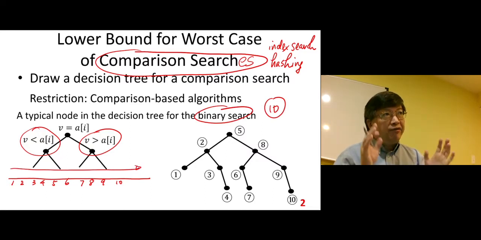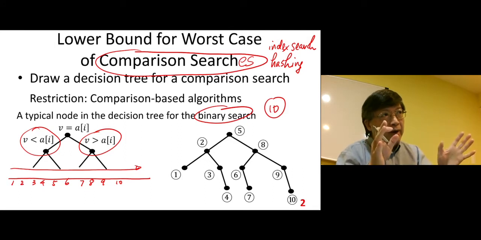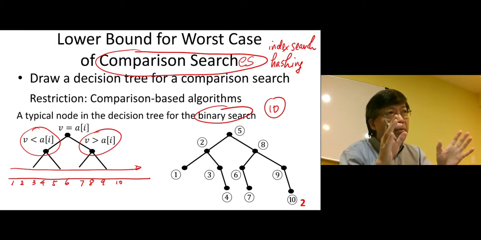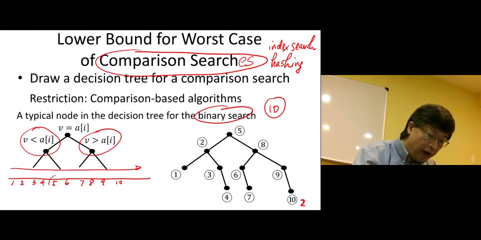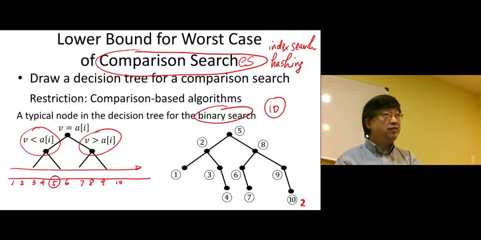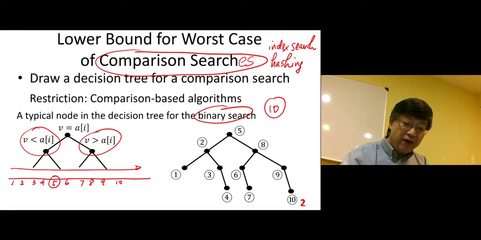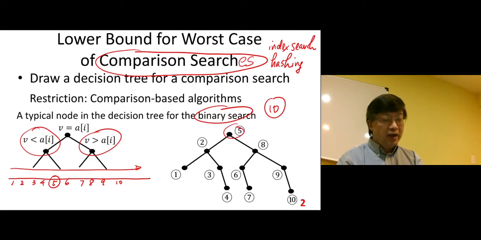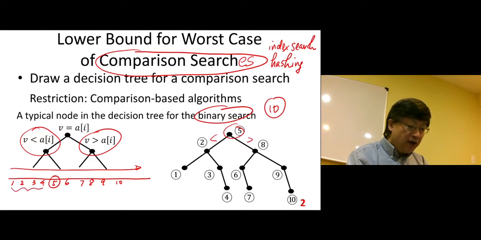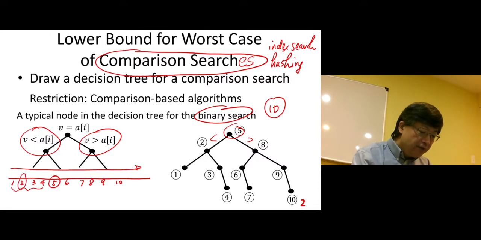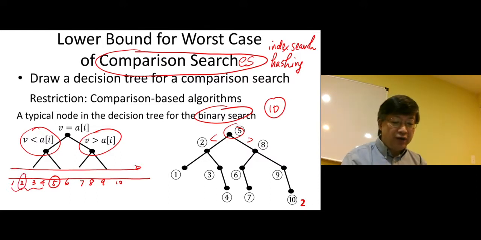All right. First, we compare the key with the element in the middle, and based on our assumption, we compare it with the left median. So that's 5. So that's why we put a 5 at the root. Okay? So less than, greater than case. For the less than, we go to this subarray. Then we compare the key with the left median another time. That's why the 2 here.